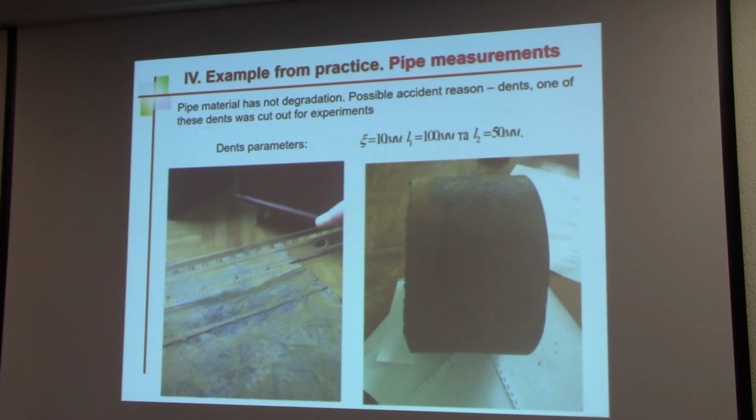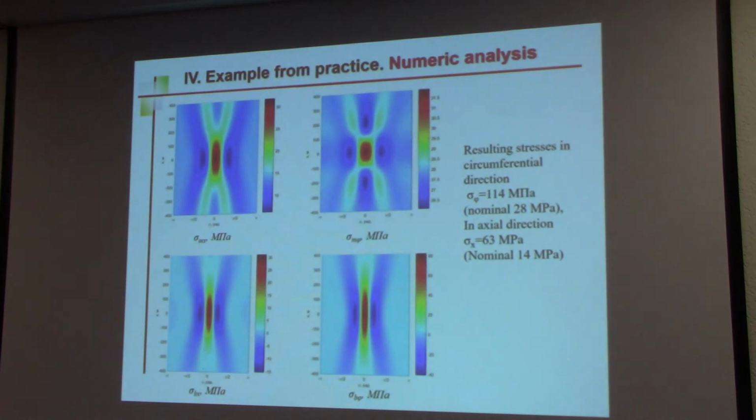So our idea was that this burst was caused by geometrical imperfection, namely by dents. Here you can see one of these dents, and we calculated the stress concentration for this dent. As you can see, we have a large stress concentration compared to the nominal stress level.